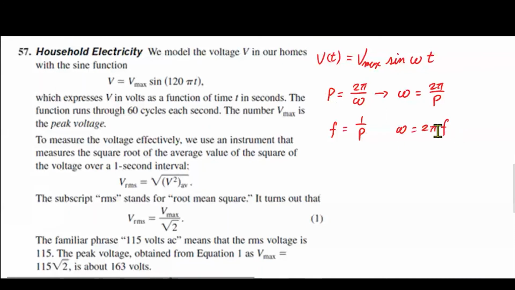This is kind of a handy thing to have. So do you multiply 60 times 2 pi? So we have 120 pi. So far, so good.